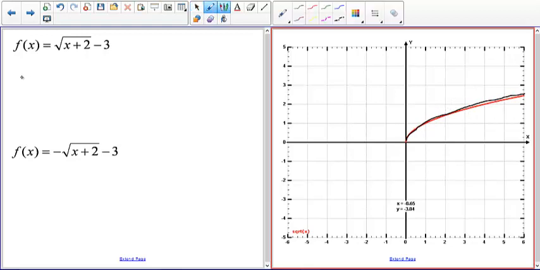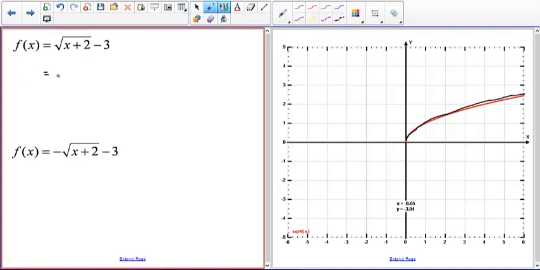So what we do is we start with the parent function, which is the square root of x. And then all we have here are just translations. So the two translations, we've got the x translation and the y translation. And it's always x minus, we'll call it h, and then this part here we would call plus k.